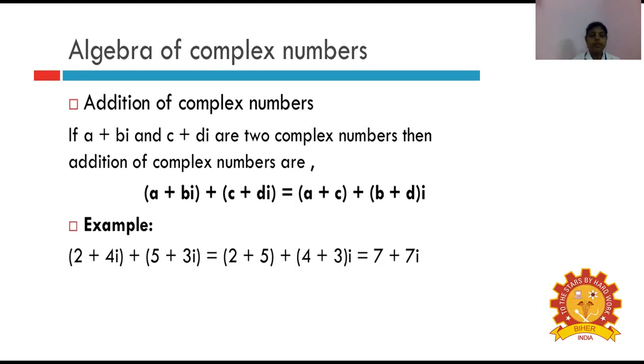For example, (2 plus 4i) plus (5 plus 3i) equal to (2 plus 5) plus (4 plus 3) into i. Here we can separate the real and imaginary parts. First we are adding the real part, 2 plus 5 equal to 7, next we are adding the imaginary part, 4 plus 3 equal to 7 into i.